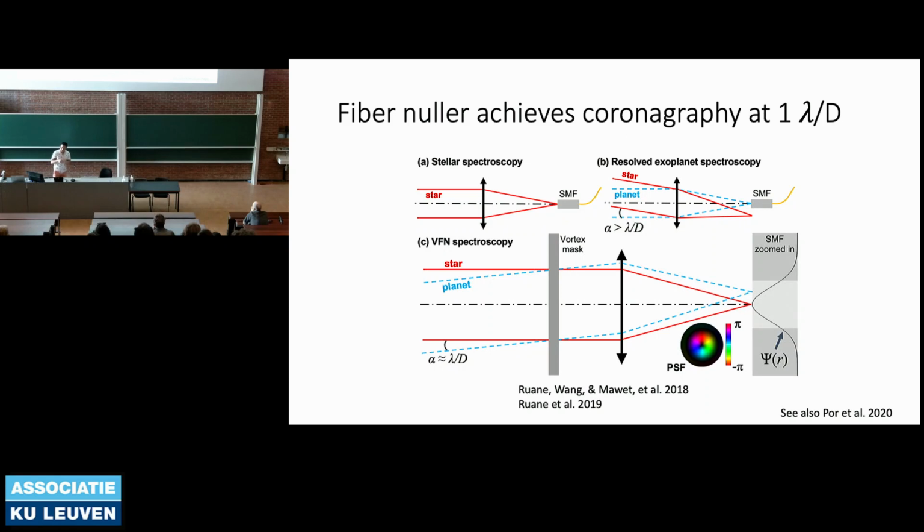You modulate the phase using whatever device. In this case it is a vortex plate, and then you can suppress the on-axis starlight and allow the off-axis planet light to go through. But the vortex plate is not the only option here.